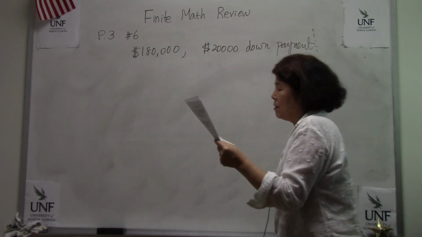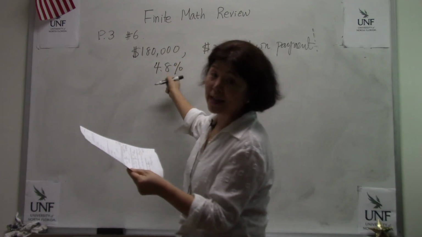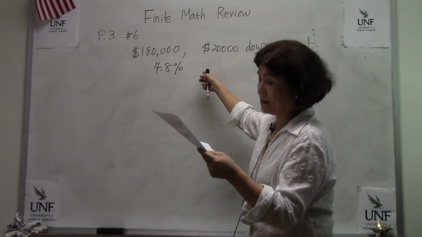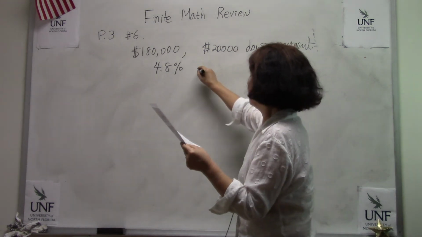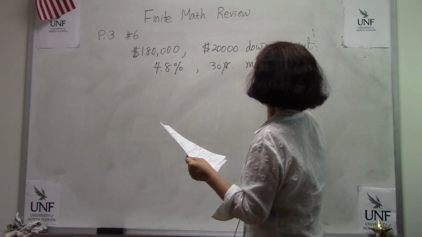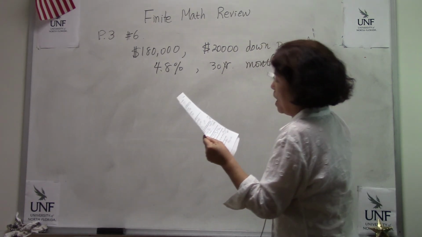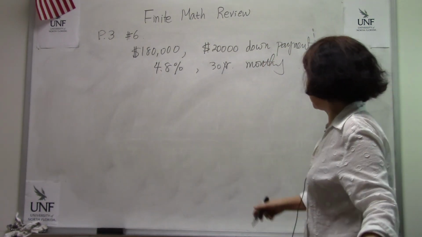The mortgage loan will have a 4.8% rate, compounded monthly with a 30-year term. Of course, this is monthly. What is the unpaid balance after the 100th payment?